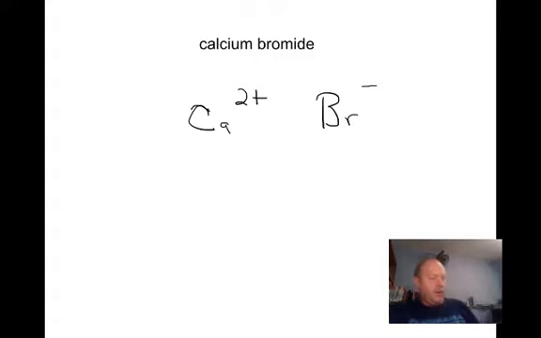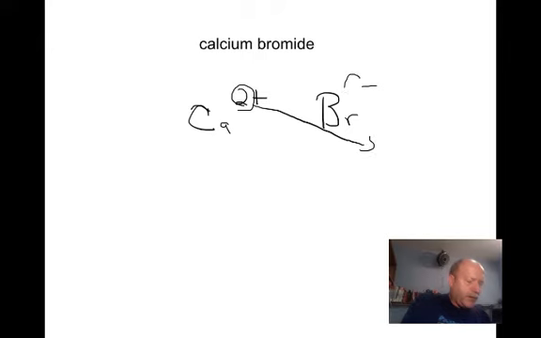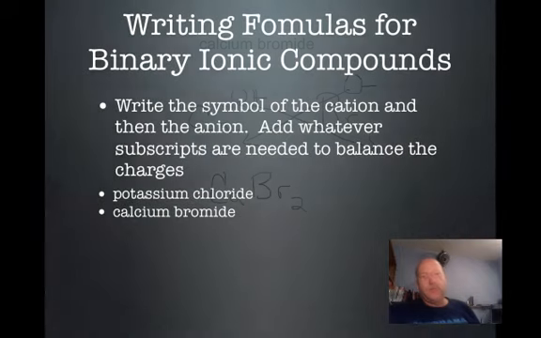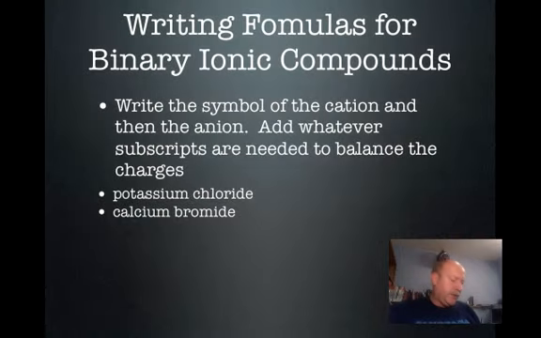Now the easy way to figure out what the subscripts are is to take this number here and cross it down there, and there's no number there, that's a 1 really, and we can cross it down there. So what we would get is Ca1, which we don't write, Br2. So there's my formula for calcium bromide: CaBr2.